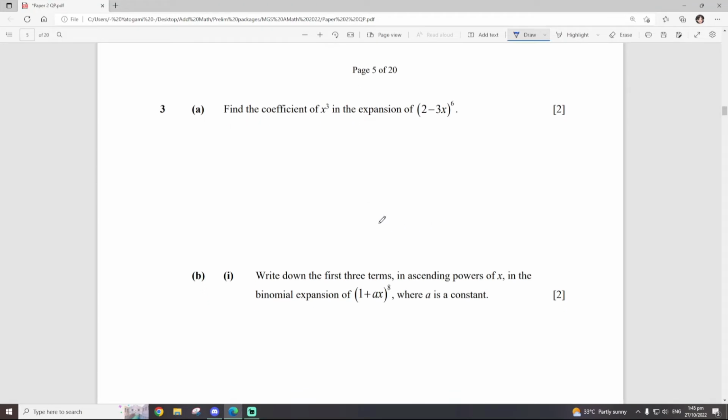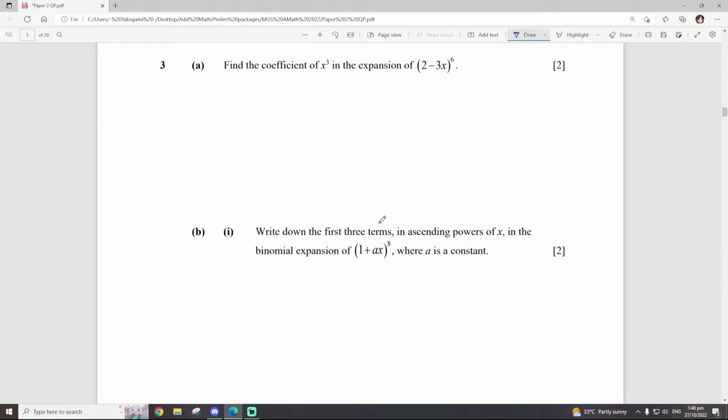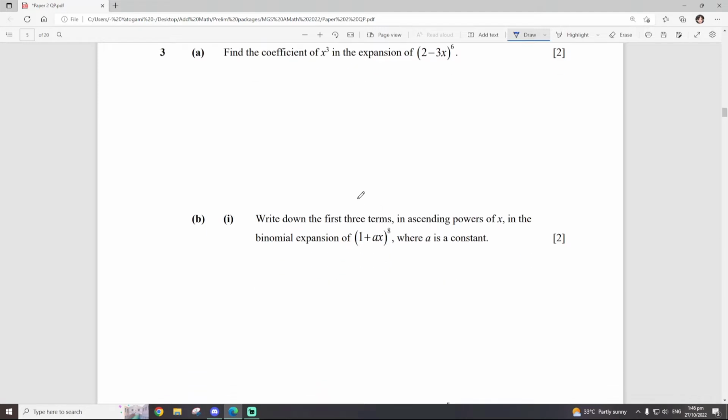Find the coefficient of x cubed in the following expansion. For this, we can just use the fourth term, right? So T4 is, you keep 6, you have 6 choose 3.